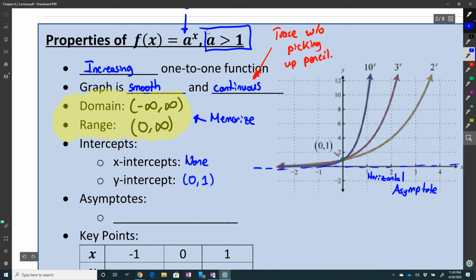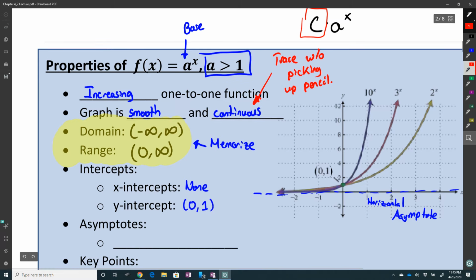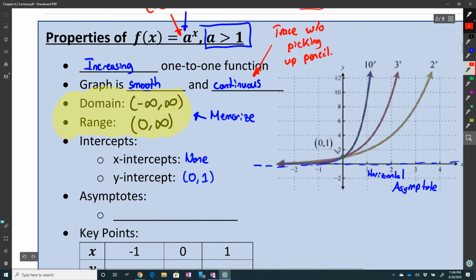But in general, it's whatever the value of c is. Remember, before we had c times a to the x? It's whatever the number in front is. But so I don't throw y'all off, I'm going by my picture here. The picture has 0, 1, so I'm going to stick to 0, 1, because the value of c in this particular example is 1. Asymptotes: there's a horizontal asymptote at y equals 0.